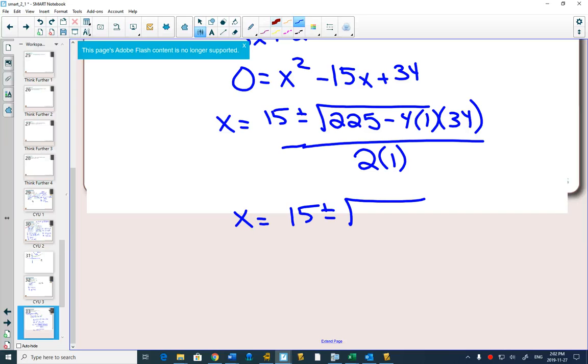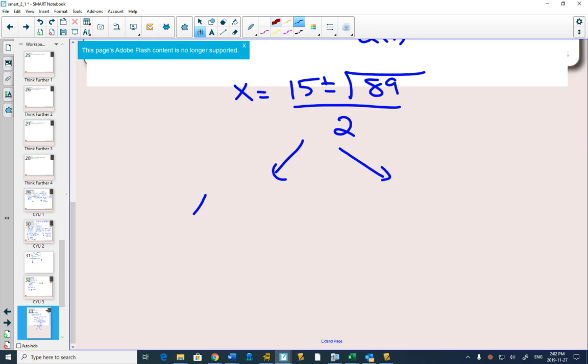So you'd still be allowed your calculator here. Now, because there's a plus or minus, you get 12.2 as one answer. And 2.78 as a second answer.